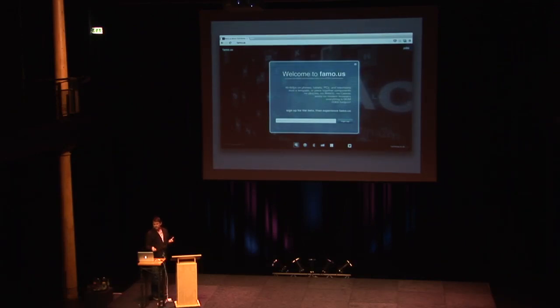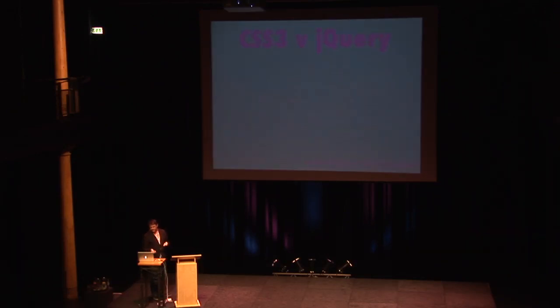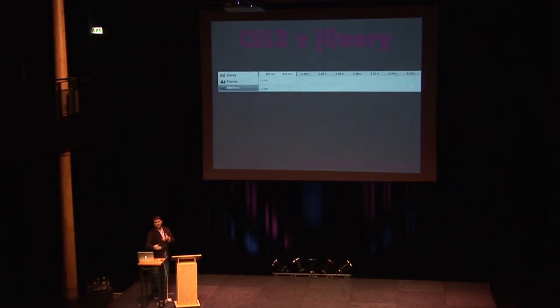The only test I have run very recently of my own was comparing CSS3 to jQuery. I animated opening 200 boxes at the same time, which is a common use case. You can see this is using the memory profiler in Chrome. So there was an increase of about half a meg of memory use, and it just one time put it onto the GPU layer, I guess, and then it was just a smooth transition, very, very little.